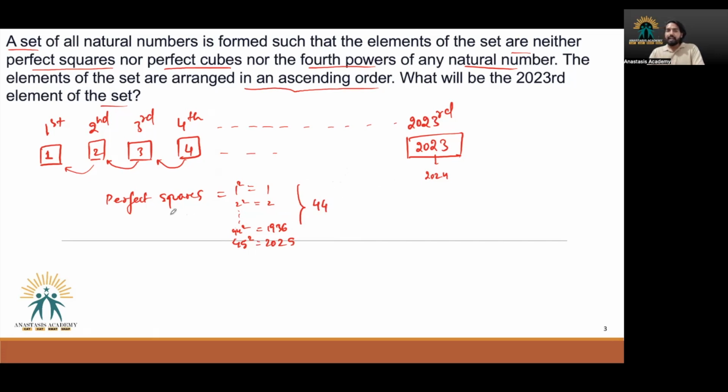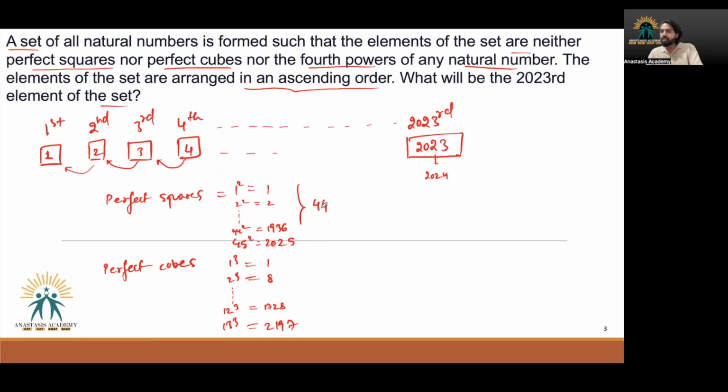Next, I have to count perfect cubes. One cube is 1, two cube is 8, and the largest perfect cube up to 2023 would be 12 cubed. 12 cubed is 1728, and 13 cubed is 2197, which is much higher than 2023.